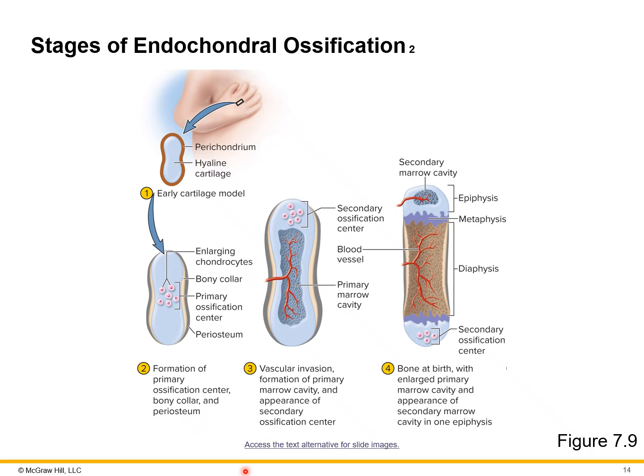For a time, the perichondrium will produce chondrocytes and the cartilage model will grow in thickness. So we're going to have this formation of a primary ossification center in the middle-ish of that bone. In the primary ossification center, the chondrocytes are going to begin to inflate and die within the walls because the walls are beginning to calcify.